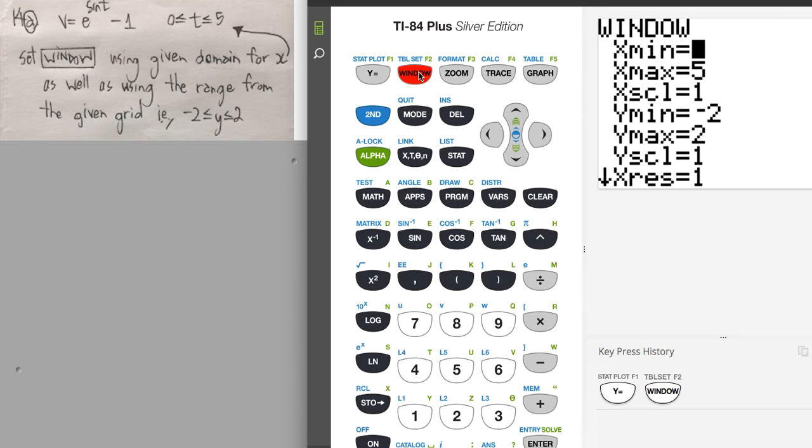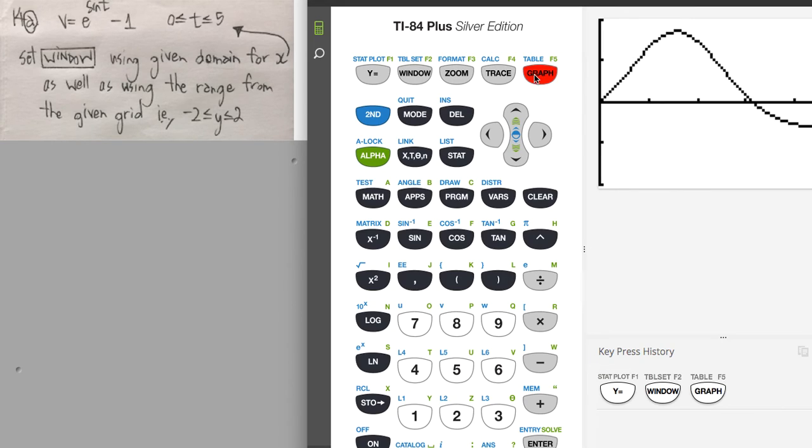In the window settings, I've gone ahead already and established our domain 0 to 5, going up by increments of 1. And I've used the scale on the y-axis that was provided, and I graphed it.